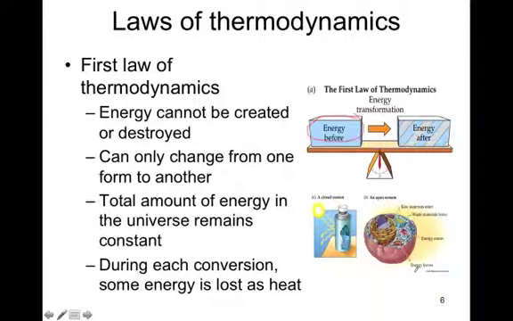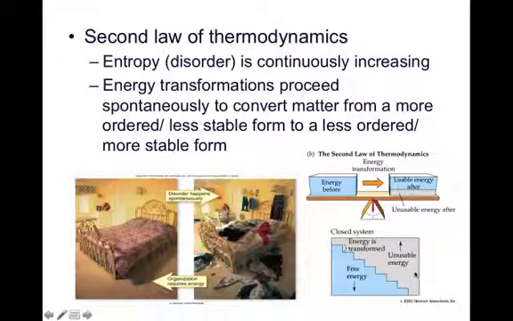The second law of thermodynamics states that disorder is continuously increasing. It doesn't take a lot of energy in order to let our house get messy. Things get left on the table, things get left on the floor, and this level of disorder is continuously increasing.